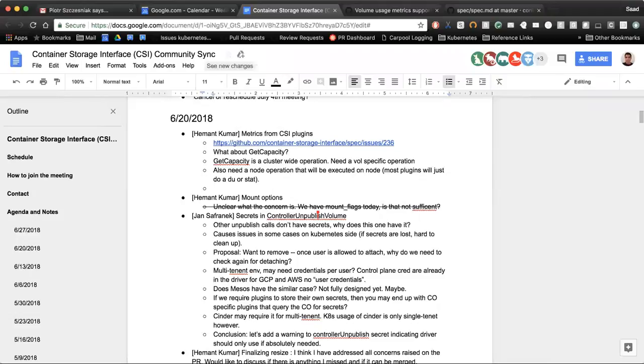A similar thing we could do in CSI, and I think that will work. If we depend on a node operation in order to fetch the capacity information, we have to make certain assumptions, for example, that it must only be called during a fully published state. Yeah, I think that is fine.